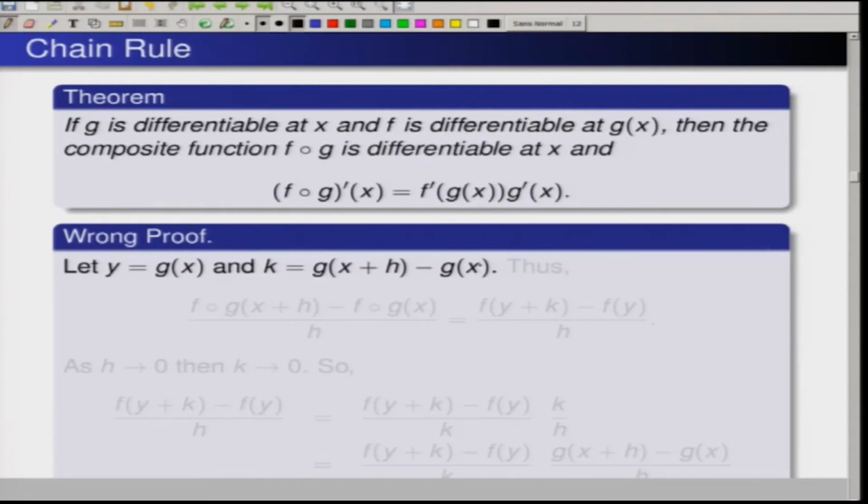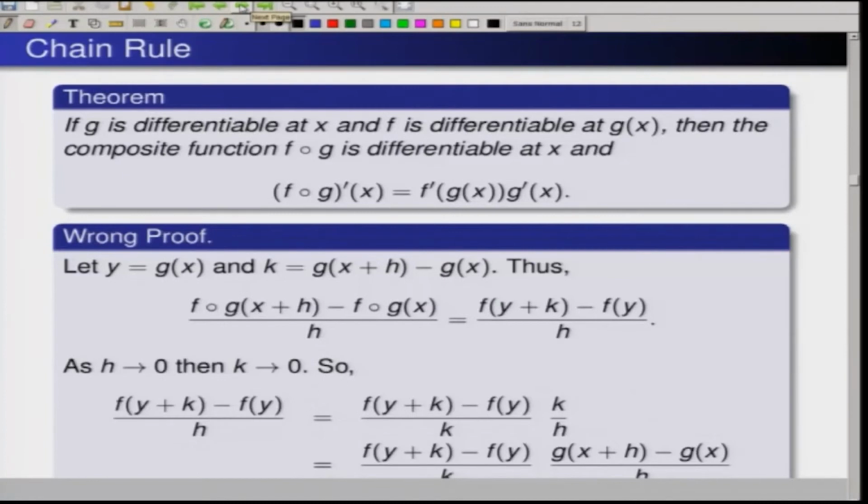Now let us write down the Newtonian quotient: f composed with g of x plus h minus f composed with g of x, divided by h. This is the quotient we are interested in, and we want to see what happens to it when h goes to 0.